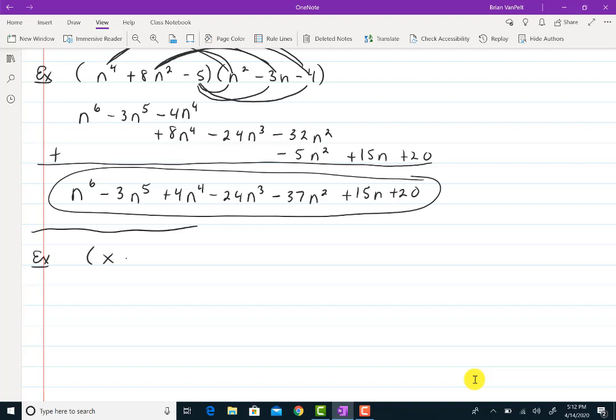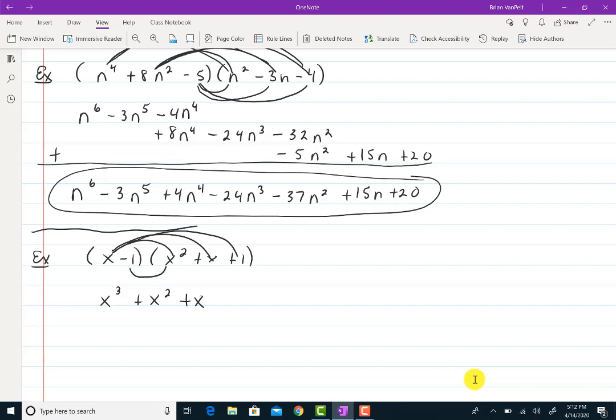Let's try x minus 1 times x squared plus x plus 1. Here, I'll add x times x squared is x cubed. X times x is x squared. X times 1 is x. And then move on to the negative 1.